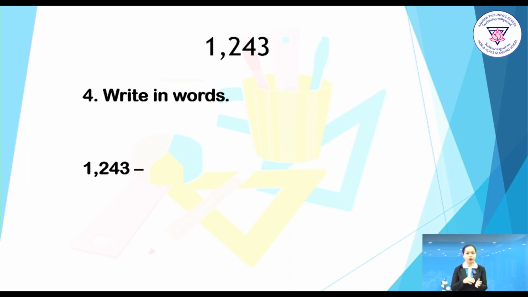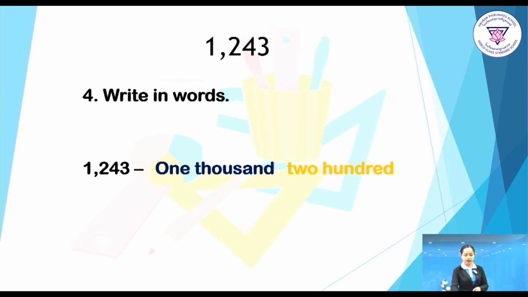You're going to write O-N-E, that's 1, and T-H-O-U-S-A-N-D, 1,000. What is the next number? It's 200. And then the last one is 43. That's it. Can we read again?